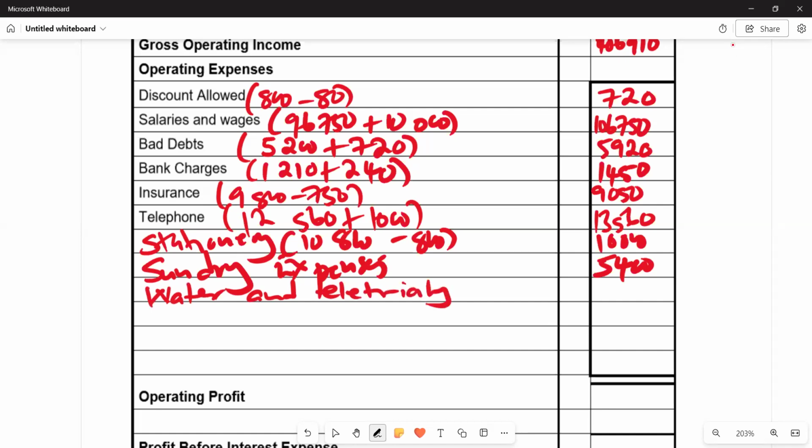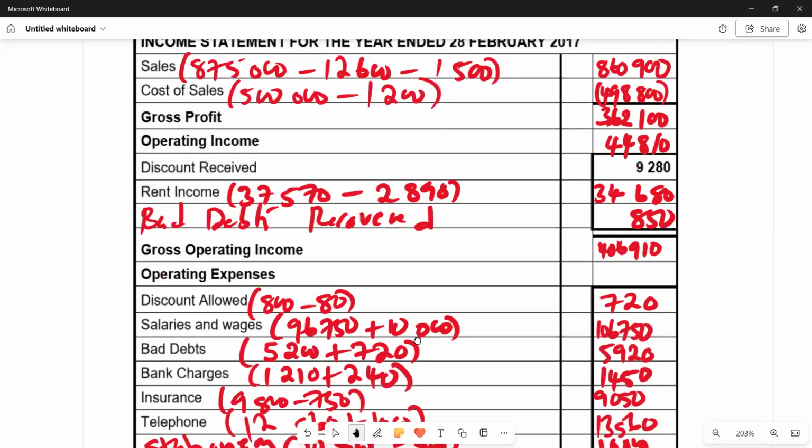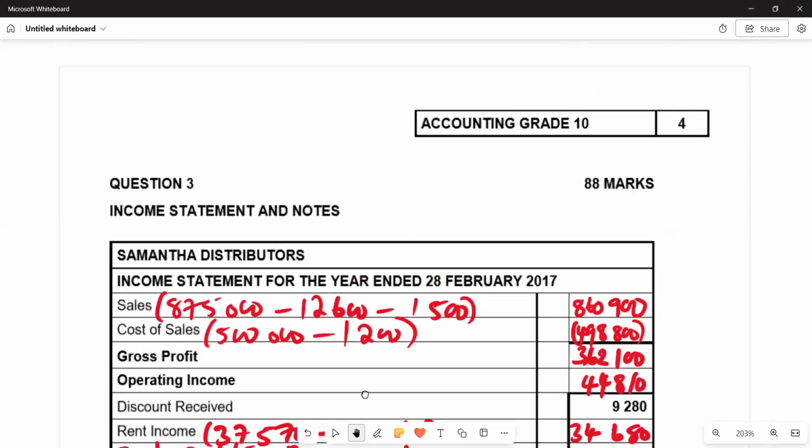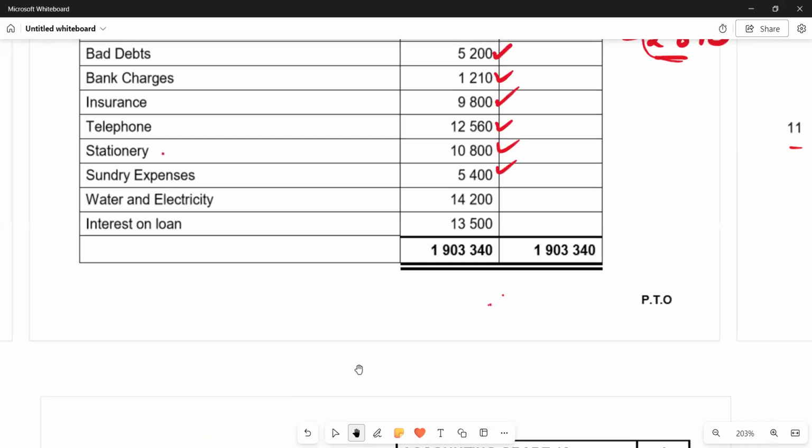And we are saying the figure that we have is 14,200. Then after water and electricity again, we need to check which one we have next. You see, we have got interest on loan. But interest on loan, we are going to adjust it after operating profit. So we can leave it for now.